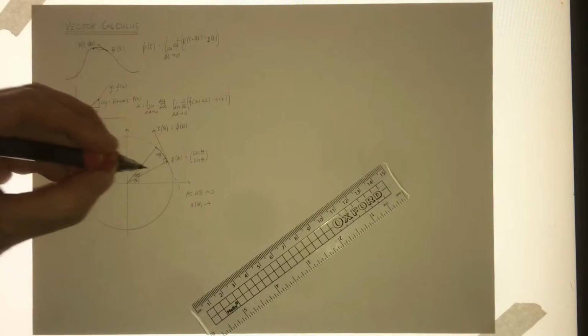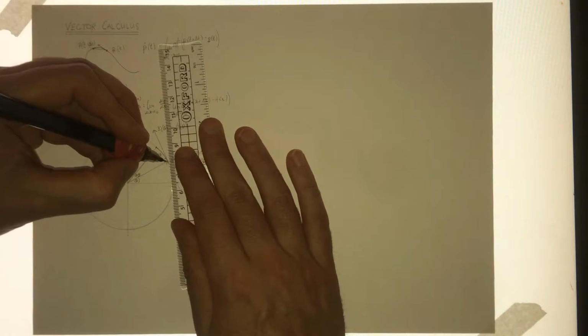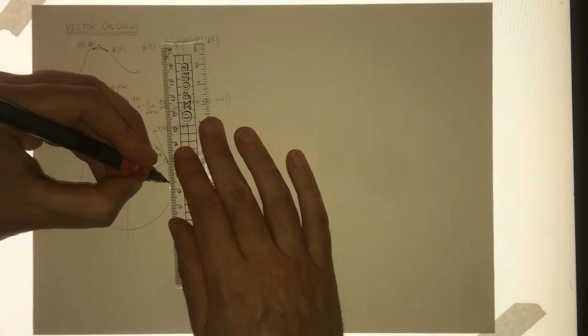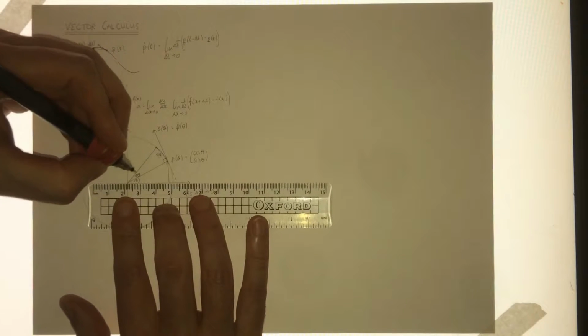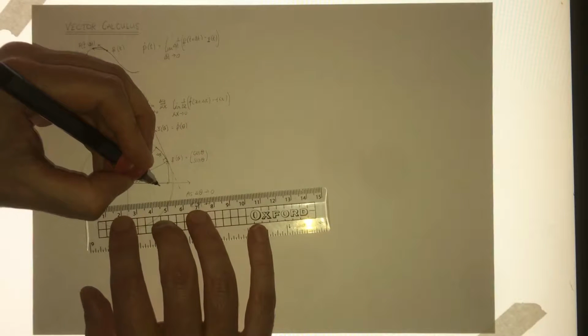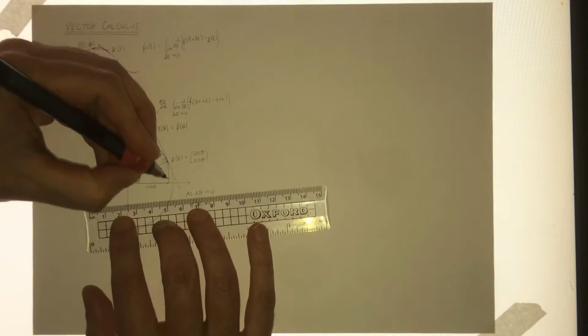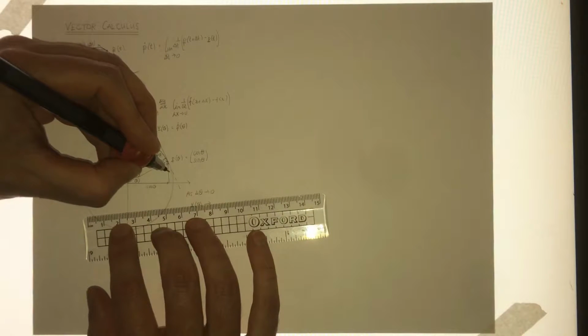So what is this vector? Well, it's perpendicular to this vector. So here we went along cos theta, and then we went up sine theta.